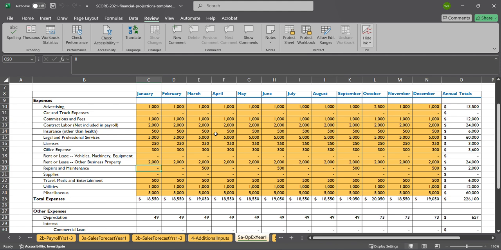And if you have historical information, you would put that in here. Otherwise, it's really your best guess. For things like rent, hopefully you'll have a lease or a contract or something to base what your rent is going to be.